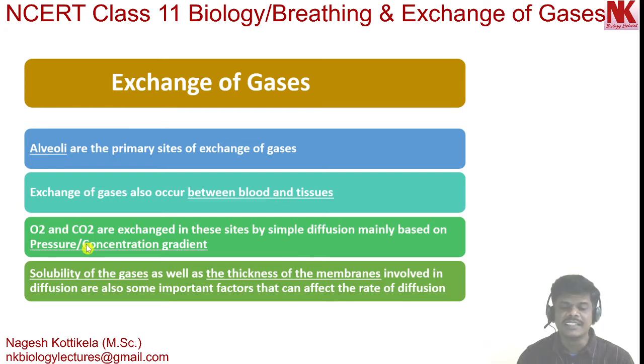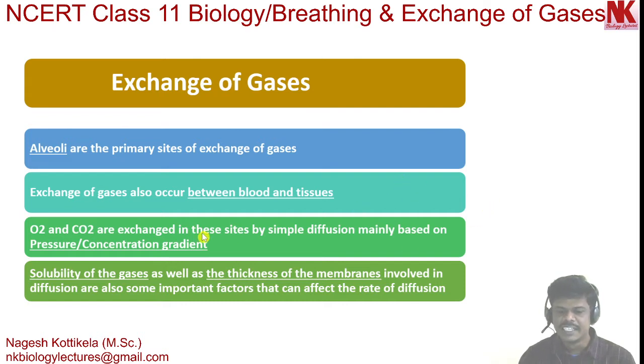Oxygen and carbon dioxide are exchanged in these sites by simple diffusion, mainly based on pressure or concentration gradients. Here, simple diffusion is nothing but the spontaneous movement of gaseous molecules, in this case, from their higher concentration to lower concentration.